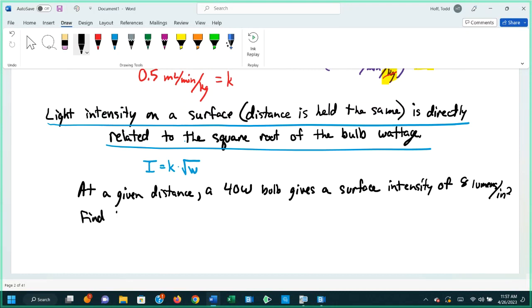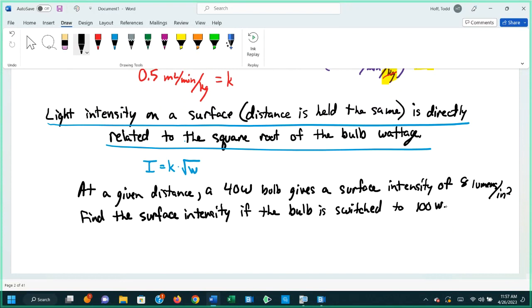Find the surface intensity if the bulb is switched to 100 watt. So I take out the bulb and replace it with a 100 watt bulb.